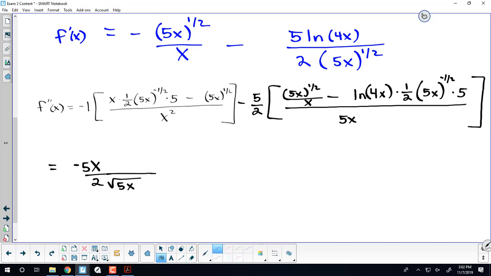We'll have that one as a first term, and then plus, well, it's all over x squared, so here we have our x squared, and then plus our square root of 5x there, over x squared. So both of those are over x squared.